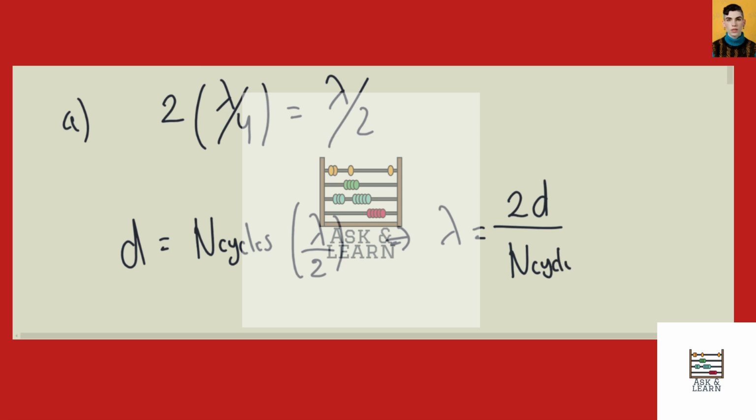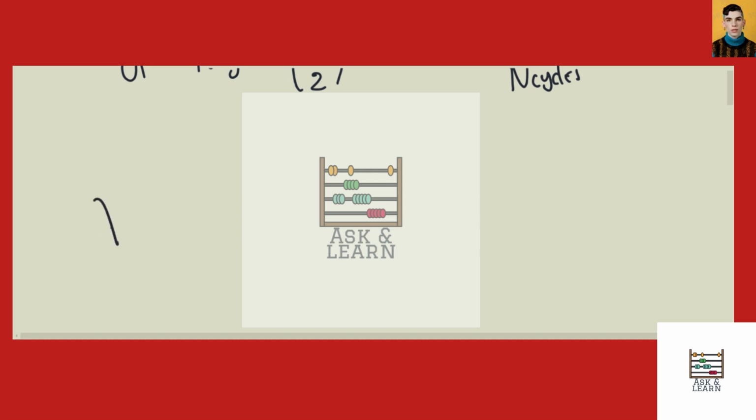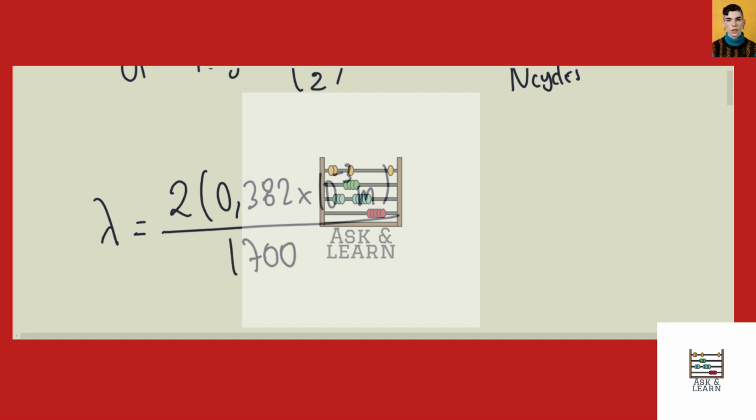Since we know these two values, we just need to substitute them into this expression to obtain the wavelength. So we have 2 times the distance d, which is 0.382 times 10 to the minus 3 meters, divided by the n cycles, that is 1,700.